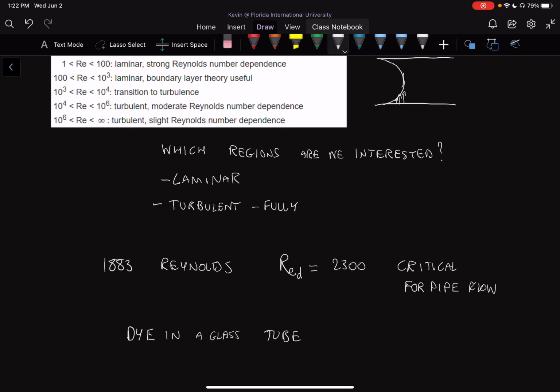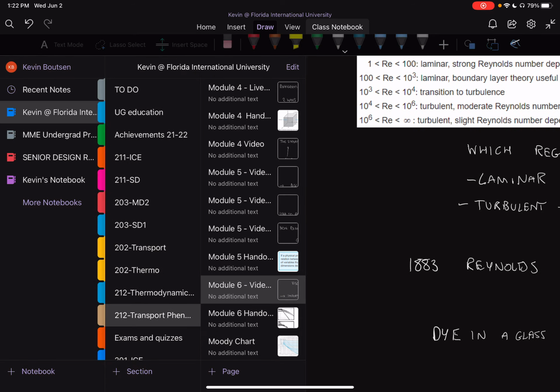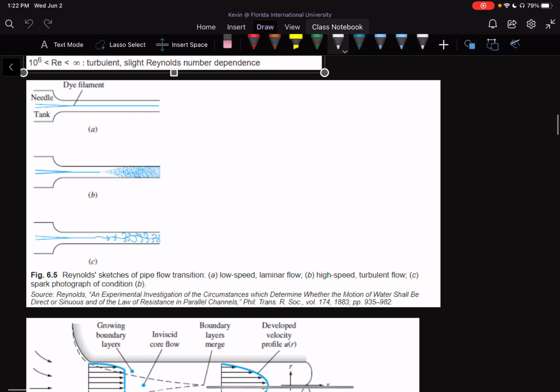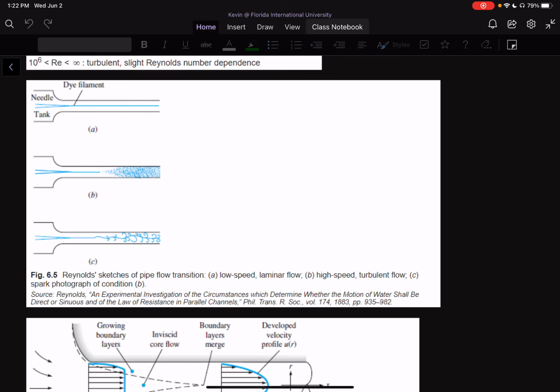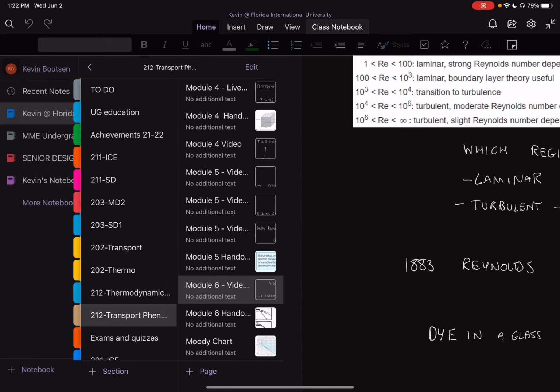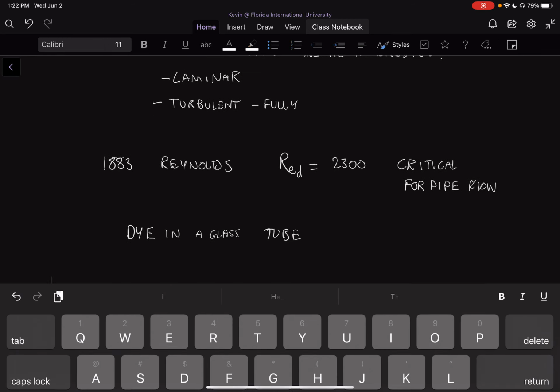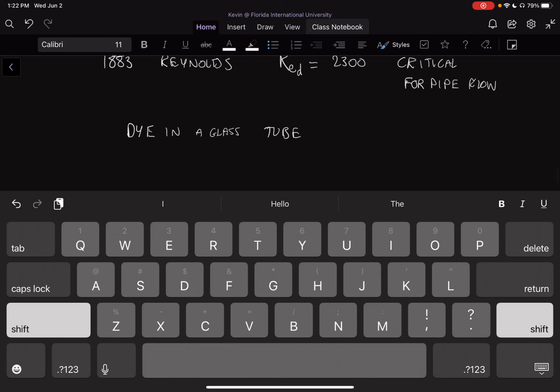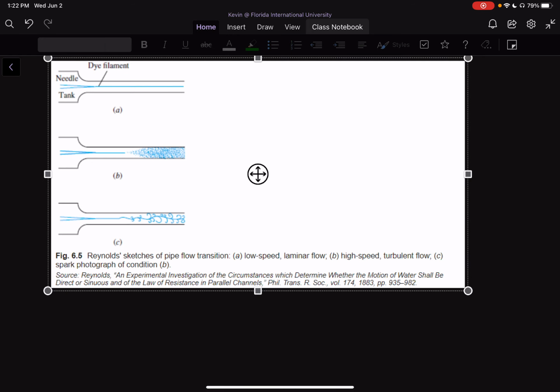And what he came up with, and these are not the pictures from the experiment, but pictures recreated for the textbook, was this shape right here. This is pretty self-explanatory, but it shows you how flow coming into a pipe initially is always laminar.